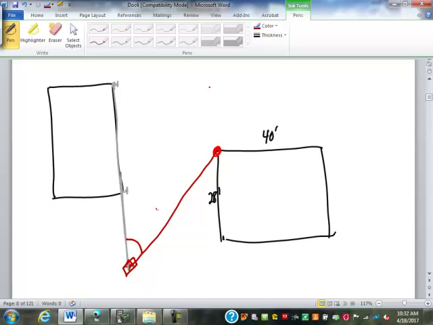The scope gives us an angle here of 51 degrees and a distance from the scope to that spot of 62 feet.